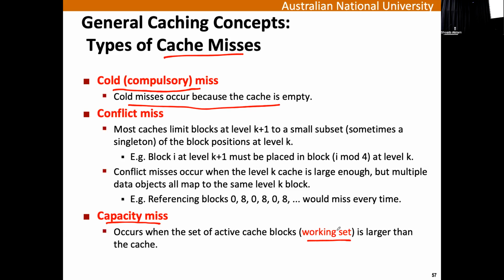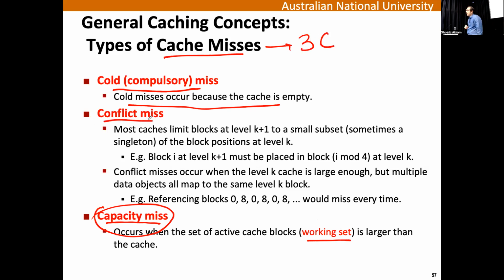Programs have phases. There's a for loop accessing an array, then there's another for loop accessing something else. We call it the working set. If the working set does not fit in the cache, we call it a capacity miss. So for misses, you can remember 3C.